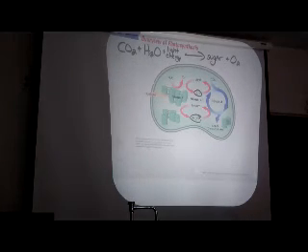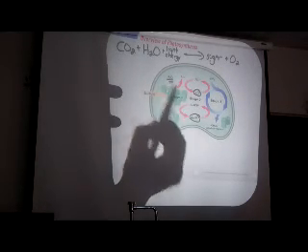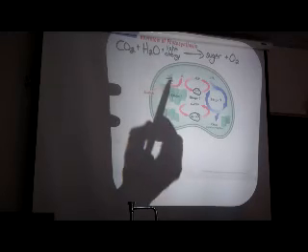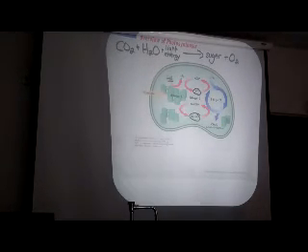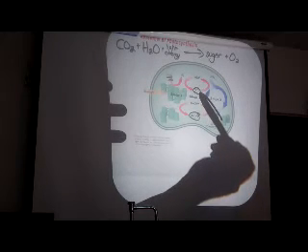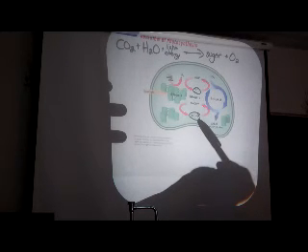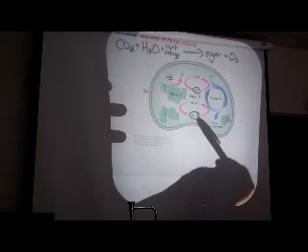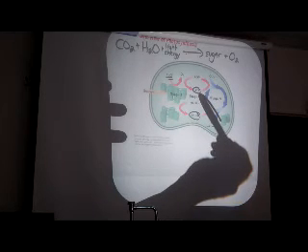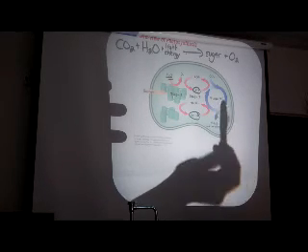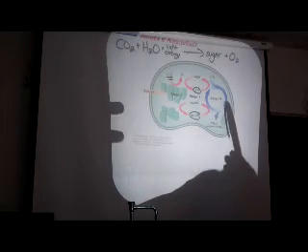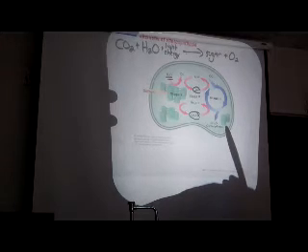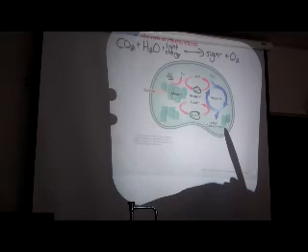Now, at the same time, it requires water to do it, and at the same time, oxygen's going to be made too. But really, the whole point of stage 1 is to power up the process. Then this basically shows, okay, now that the ATP and NADPH are made, they're going to be shoved into a cycle along with carbon dioxide, and when it's all said and done, you're going to be making your sugars over here.